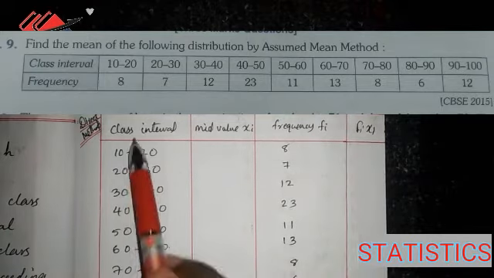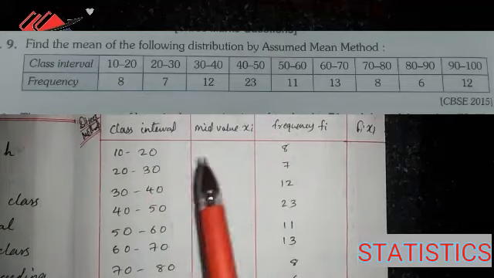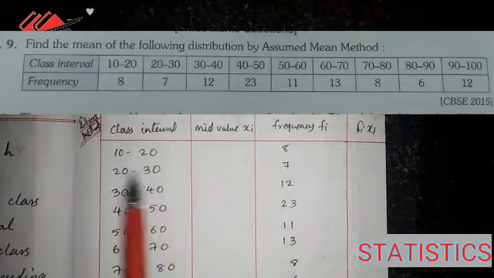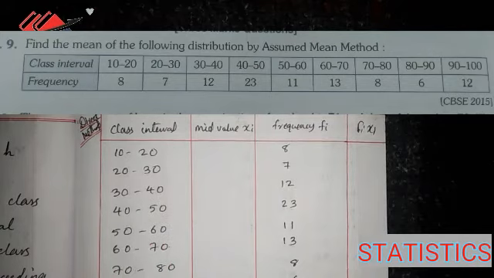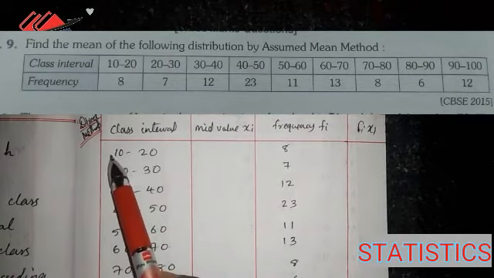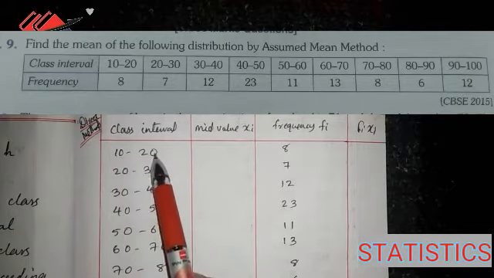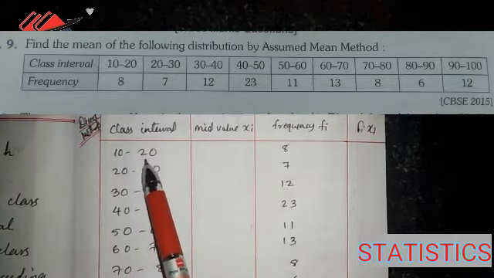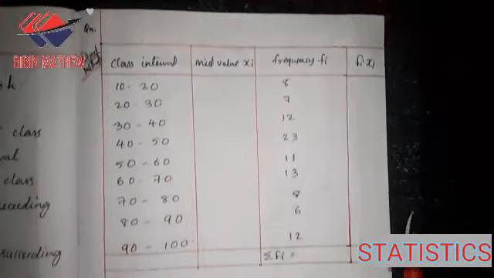Okay. So now the given distribution you have distributed here over this column: 10 to 20, 20 to 30, 30 to 40, 40 to 50, 50 to 60, like that up to 90 to 100. This is what we call the lower limit, and this is what we call the upper limit.